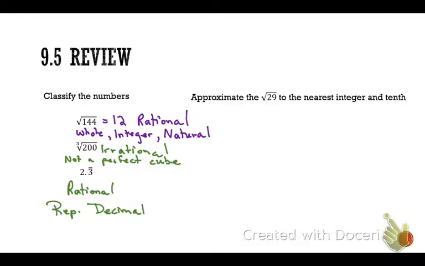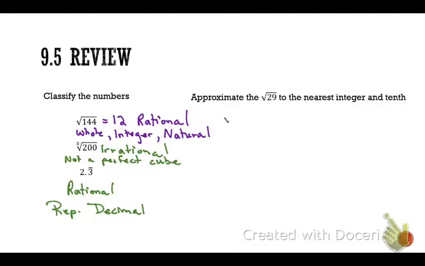You will be asked on your quiz to approximate a square root. So 29 is not a perfect square, but it's really close to what perfect square? Gavin, what do you think? Very good, 25.